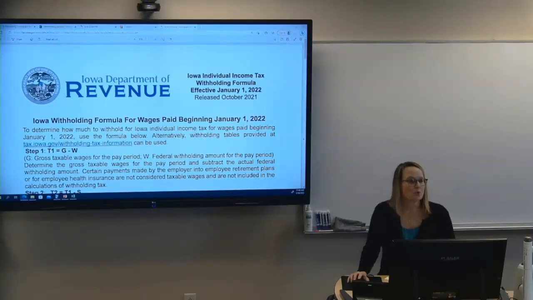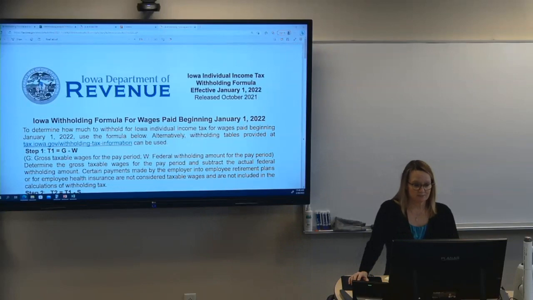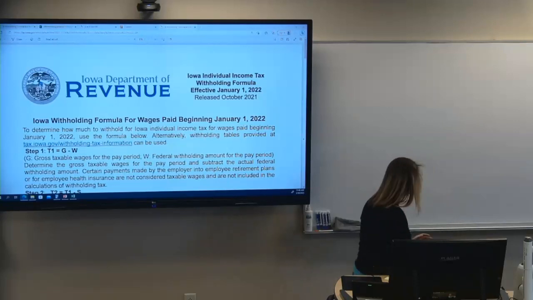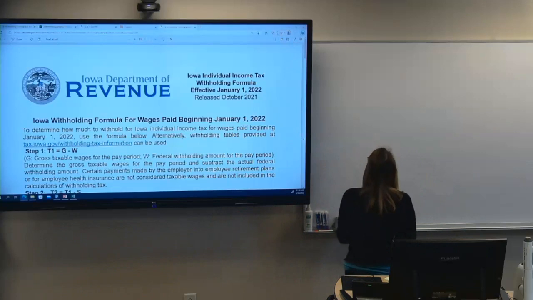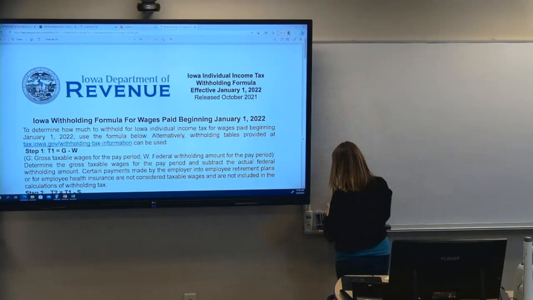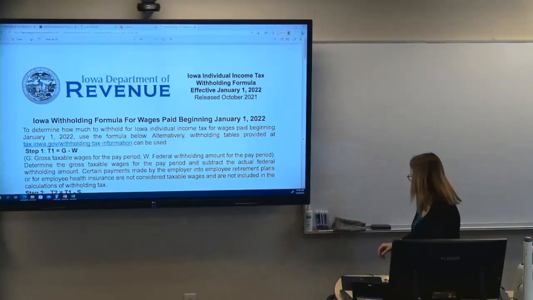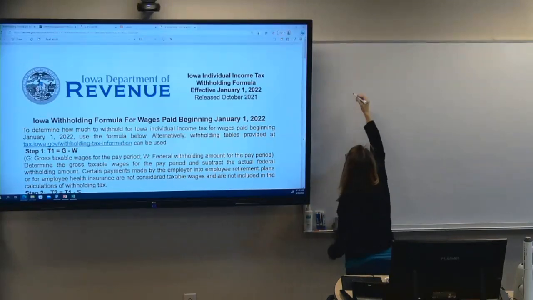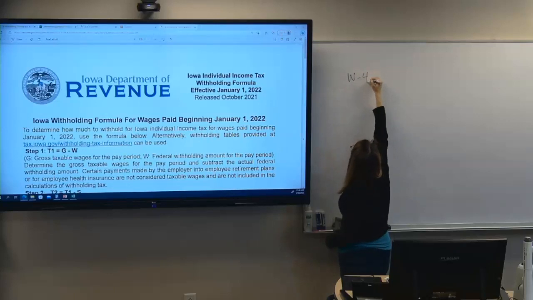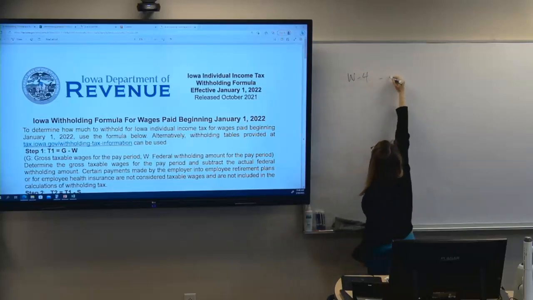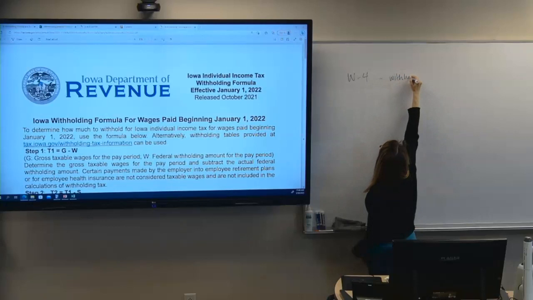Right. Okay. So when it's got a W in front of it, it is going to pertain to the employee's income. So like the W-2 reports. So we've got the W-4. Okay, so remember the W-4 form. This is our withholding certificate.